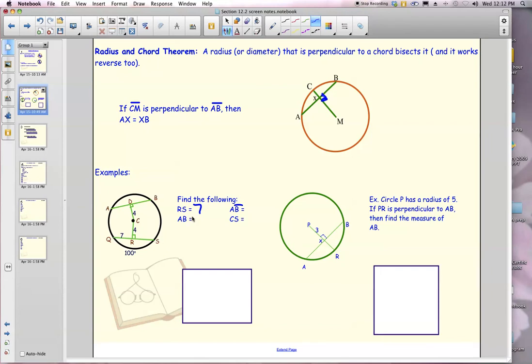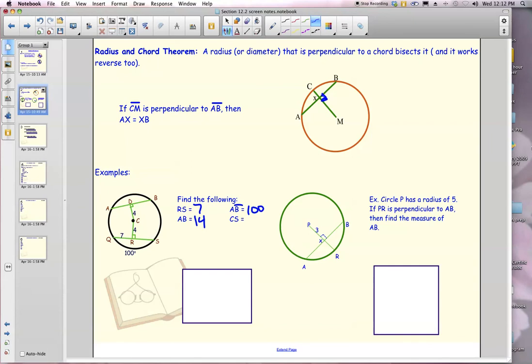So AB would have to be 14. Arc AB, this leads us back to the first thing we talked about. Arc AB would have to be the same measure as arc QS. Since the chords are equal, the arcs will be equal. So the arc AB would be 100.